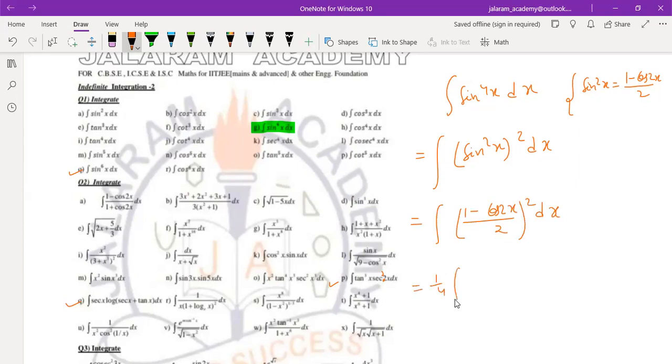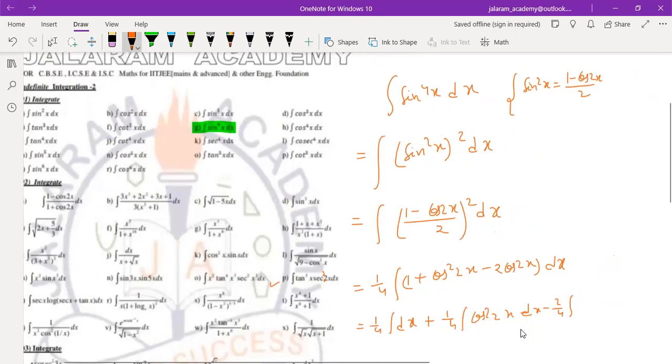This 2 square is 4, written outside the bracket. 1 square is 1, plus cos square 2x minus 2 cos 2x dx, which is equal to 1 by 4 into integration of 1 dx plus 1 by 4 into integration of cos square 2x dx minus 2 by 4 into cos 2x dx.